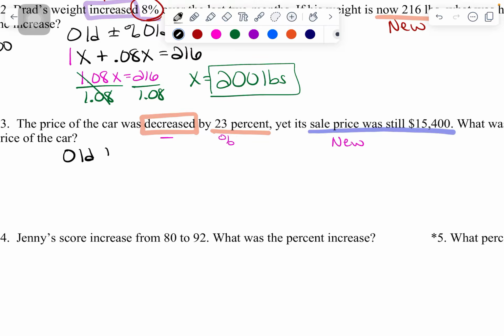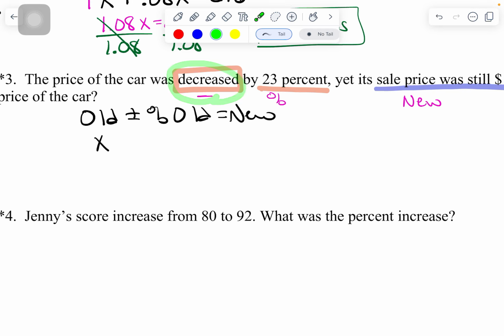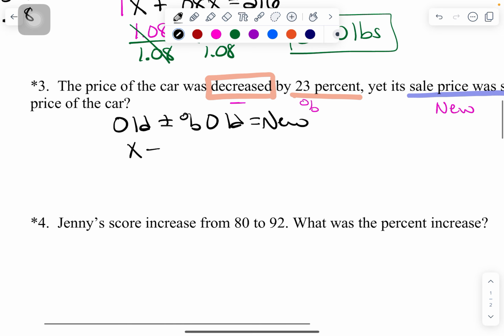So old plus or minus percent times old equals new. Okay, the old price, I don't know. Again, I'm going to call it X. But this time we have a decrease, so we're going to have a subtraction problem. 23% is 0.23x.